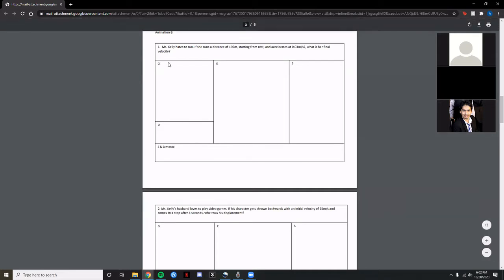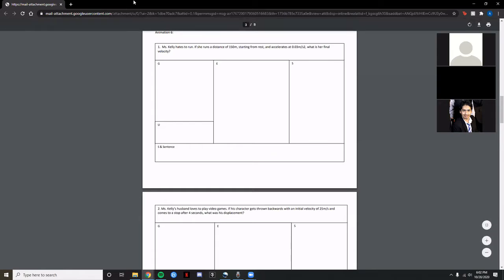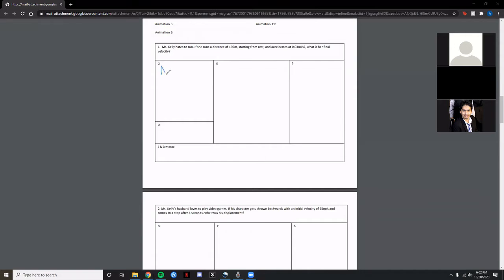So we have Miss Kelly hates to run. If she runs a distance of 150 meters starting from rest and accelerates at 0.03 meters per second squared, what is her final velocity? So we have our givens. Distance equals 150, our displacement.